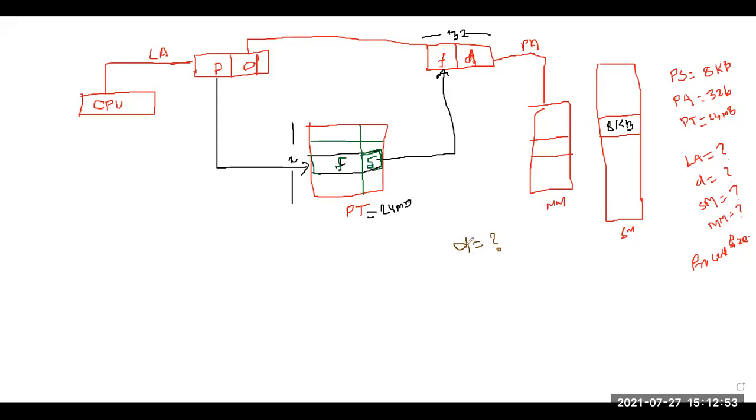Anyone else? What is the answer for D? Nobody is replying. What will be the number of bits for D? It is coming as 13, sir. How to calculate?